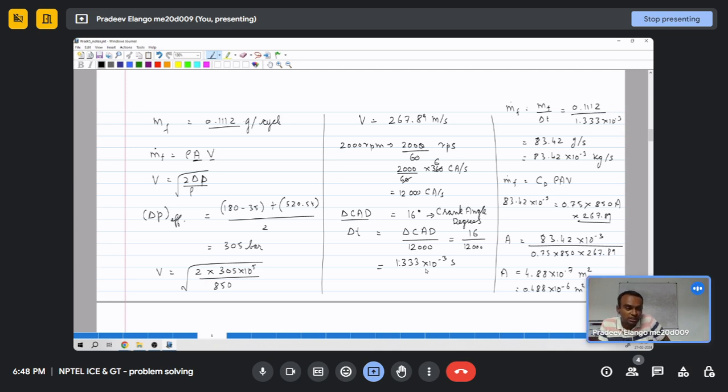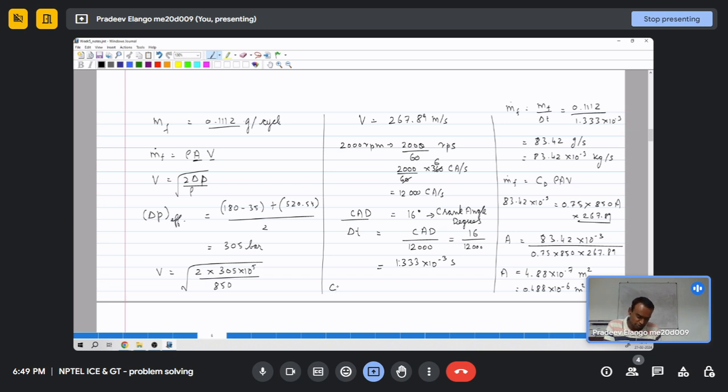Sorry, what is CD, CAD? Crank angle degrees. Yeah, I think you can also just write CAD. Yeah, CAD is correct.